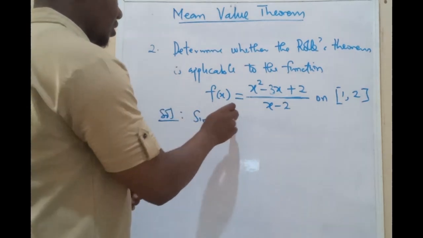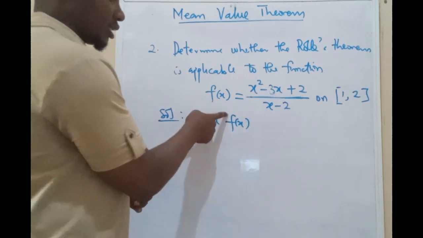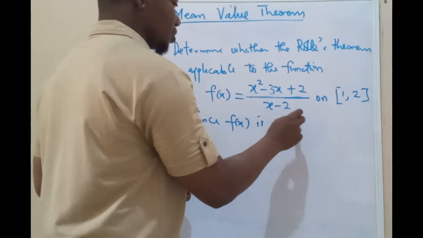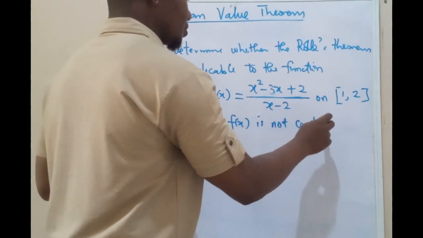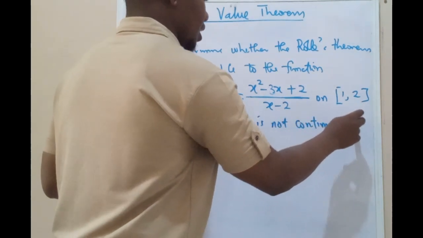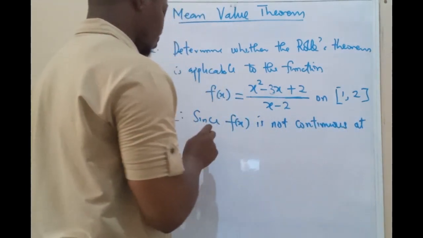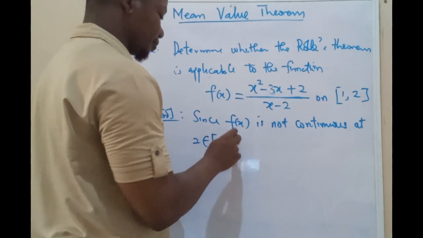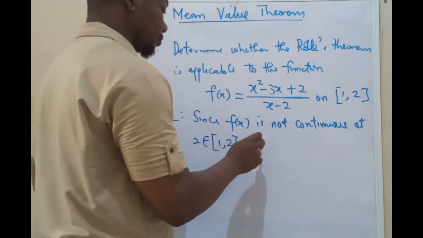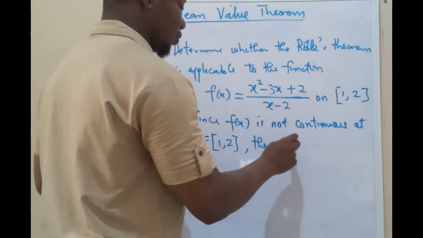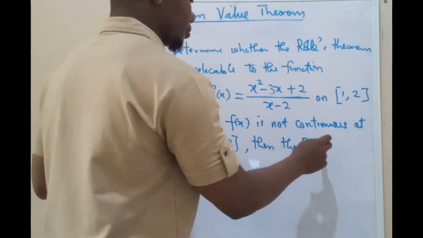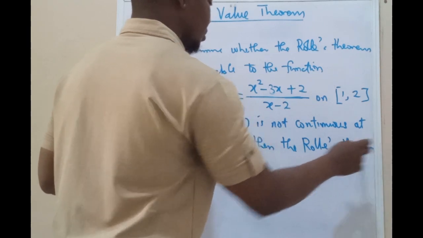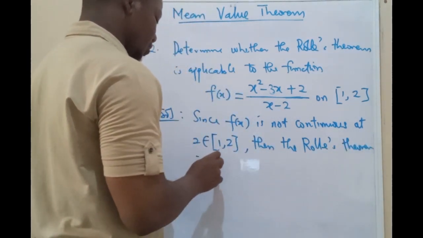So let's say this: since f of x is not continuous at 2, which is a member of this interval, then the Rolle's theorem is not applicable.